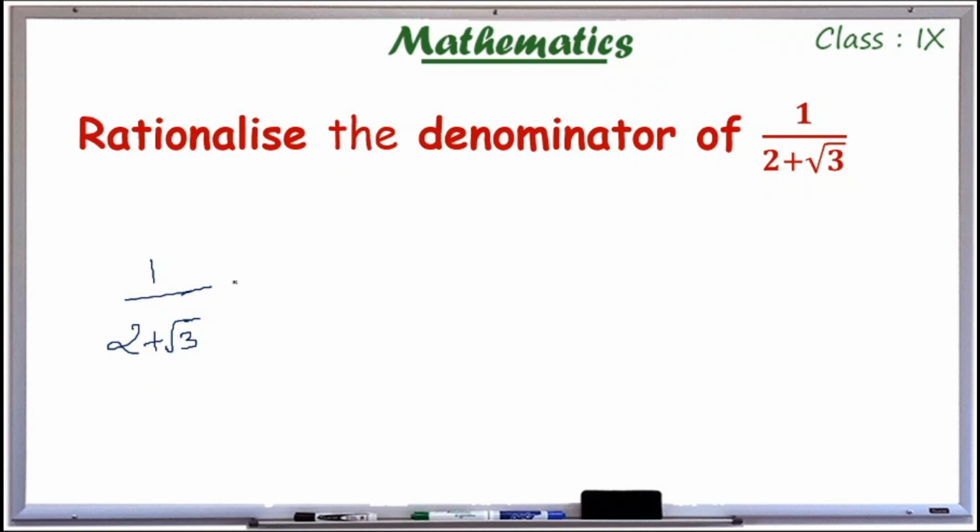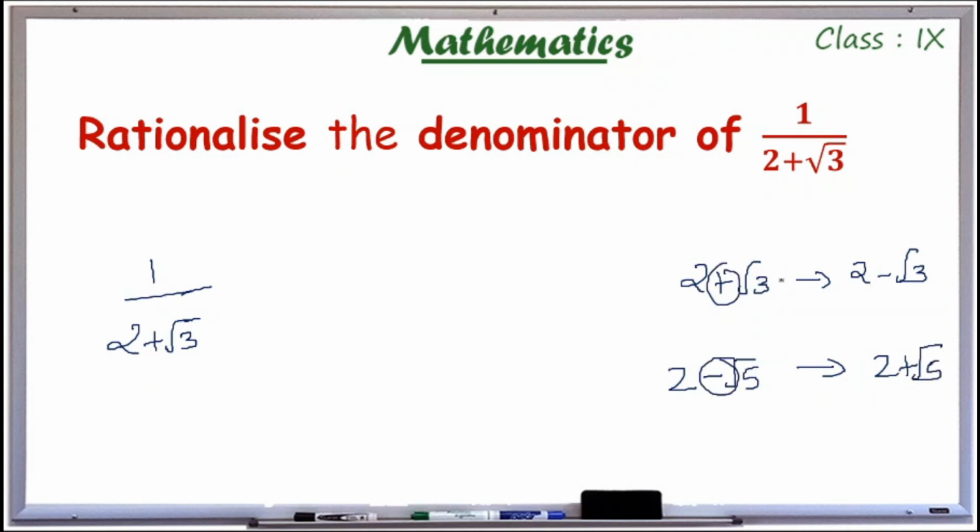So you have to multiply by the conjugate. Conjugate means just opposite to that term. For 2 plus root 3, the conjugate is 2 minus root 3. If it is 2 minus root 5, the conjugate is 2 plus root 5. Just interchange these symbols, so you get the conjugate.